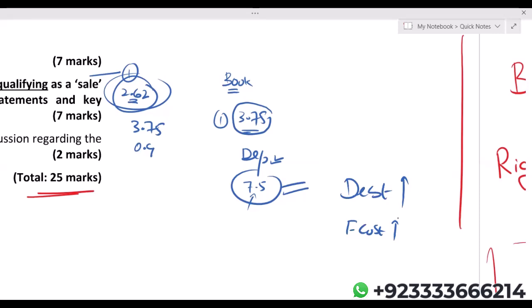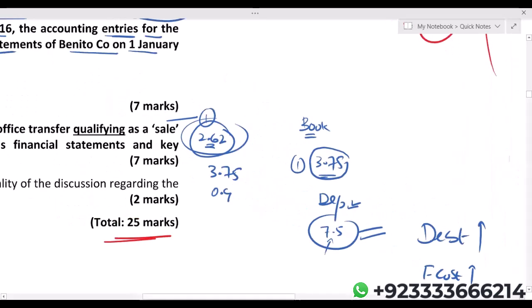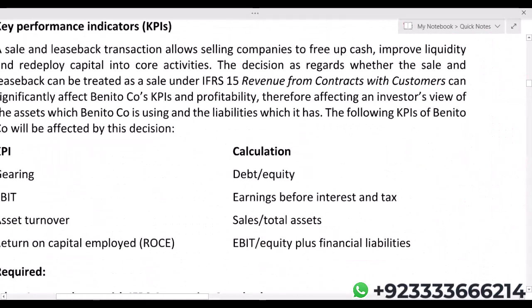There will be a finance cost on lease obligation, no doubt about it. But when transfer is not qualifying as sale, then whatever amount company has received, it is a financial liability, it is a loan. The depreciation will be on 3.75. Finance cost will be on 7.5 million.